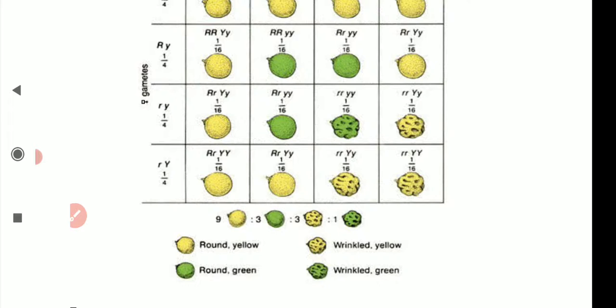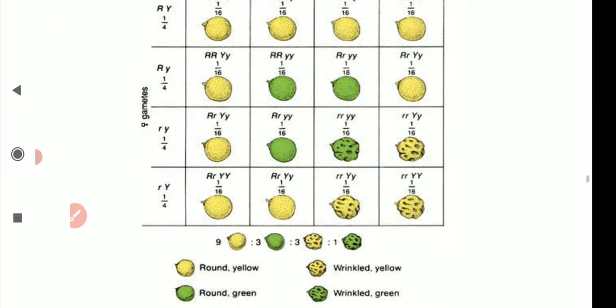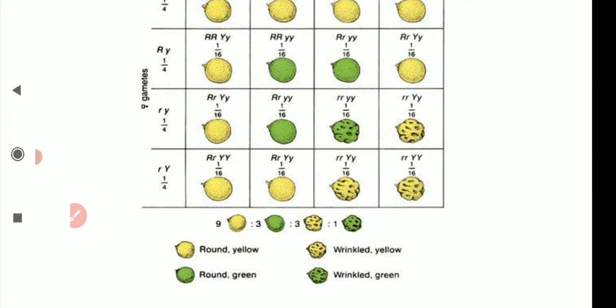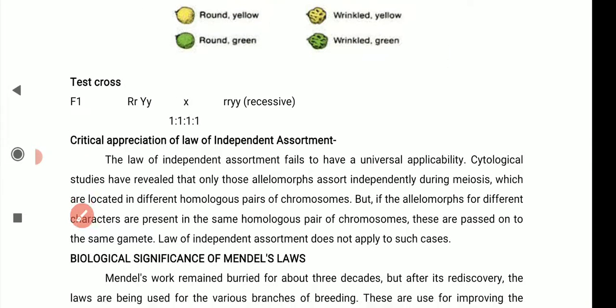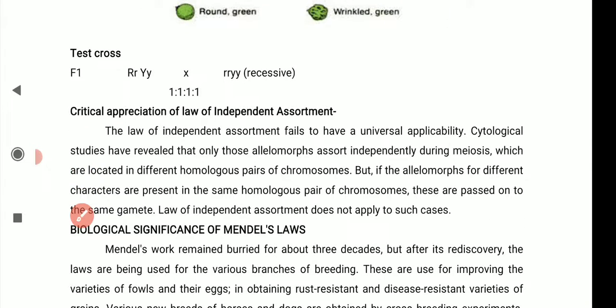Phenotypically, you are finding 9 yellow round, then 3 green round, then 3 yellow wrinkled, this one I'm talking about, then 1 wrinkled green. Okay. So on a test cross, we will get everything in 1:1:1:1 ratio.